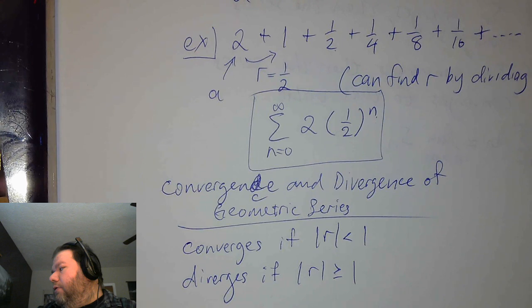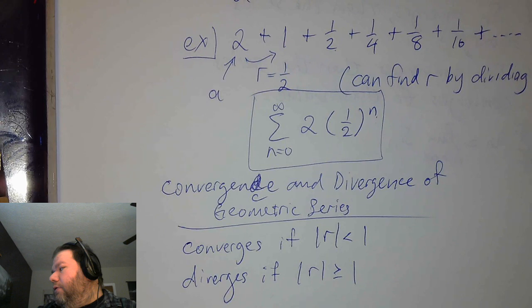And the concept is this: if our ratio is bigger than 1, if we keep multiplying by a number that's bigger than 1, the number is going to get bigger and bigger. Like, if we keep multiplying everything by 2, eventually our number is going to get larger and larger and grow without bounds, we would say. If it grows without bound, then it goes to infinity.